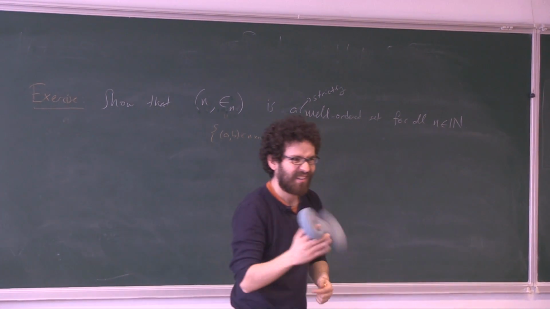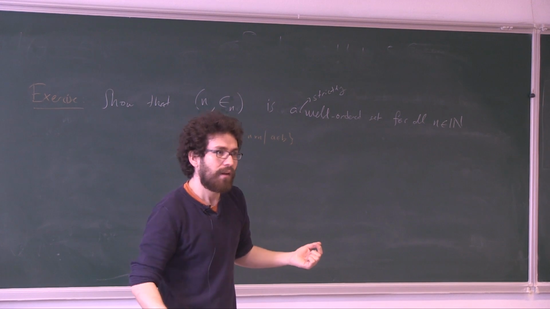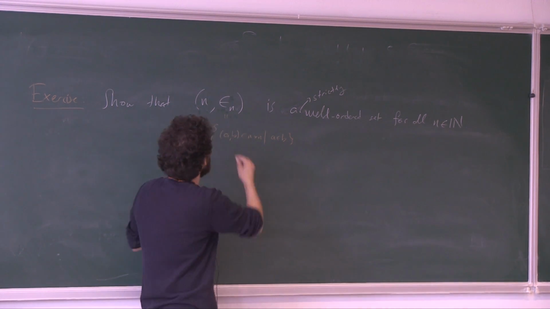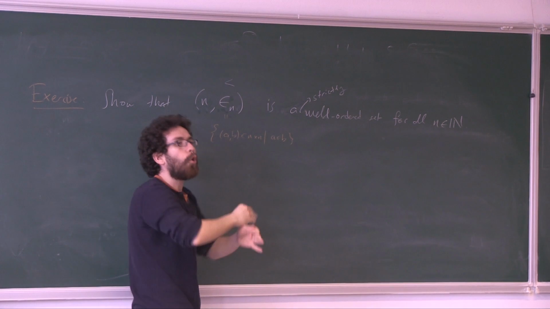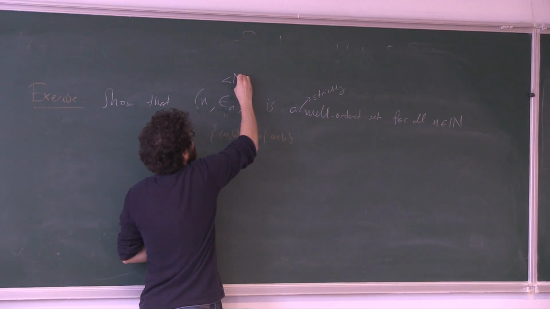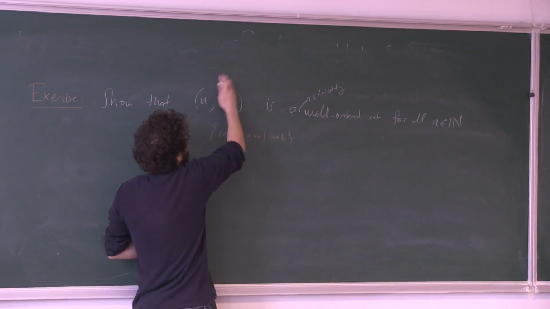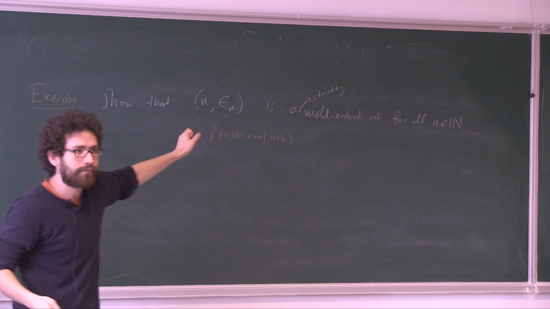Yes? How is it any different from the last relationship? It's the same. The only thing is, if I write this, I define this on all of the natural numbers, right? Here I'm restricting this relation to n, and I'm just giving it a different name. It's the same thing.